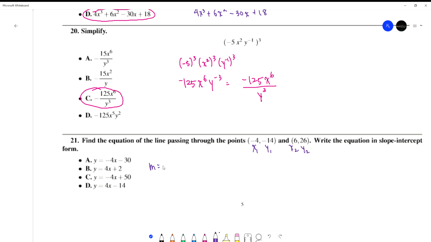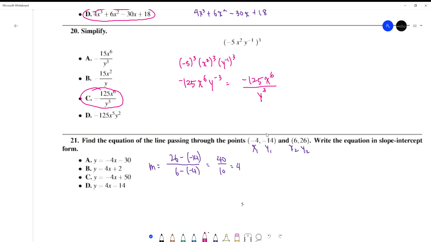So slope is equal to y2 minus y1 over x2 minus x1. So this is 26 plus 14, which is 40, over 6 plus 4, which is 10. So our slope is equal to 4.